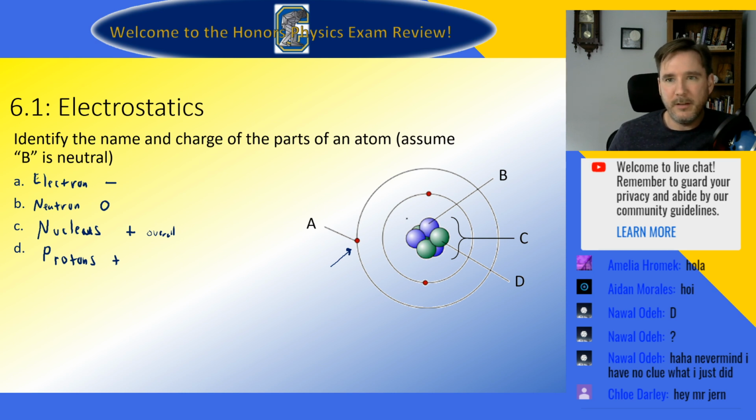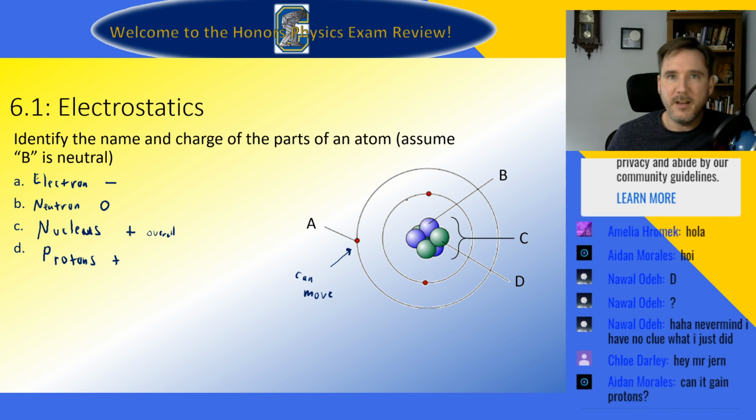All these protons and neutrons are packed very tightly, very densely in the center, and they're stuck. They cannot move without some kind of nuclear reaction, which is not going to happen on a typical day. And so the only thing that can move are these electrons, and actually it's usually the outer shell, like this one that it's pointing to. These inner electrons would probably be stuck.